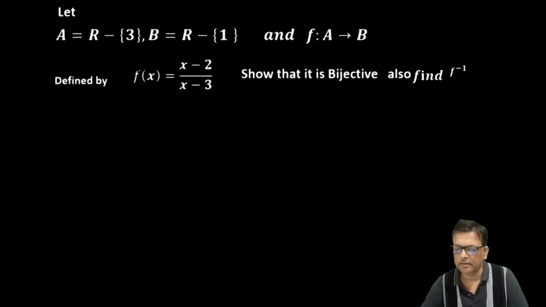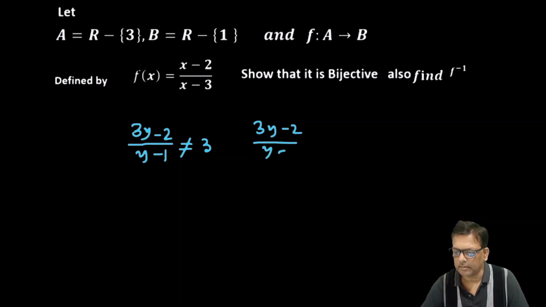We have to further show that the condition given in the problem is also fulfilled. We have (3y minus 2) divided by (y minus 1) cannot be equal to 3. To prove this, let's assume (3y minus 2) by (y minus 1) equal to 3.